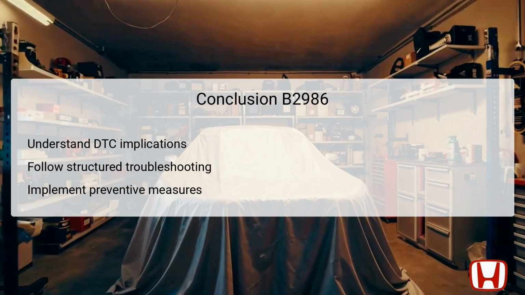This presentation has outlined the detailed steps for error verification, wiring checks, and the testing of the recirculation control motor. Moreover, implementing preventative measures will help extend the longevity of your vehicle's climate control system, ensuring a more enjoyable driving experience. Proper maintenance and prompt attention to these codes not only enhance vehicle performance, but also protect your investment in the long run.